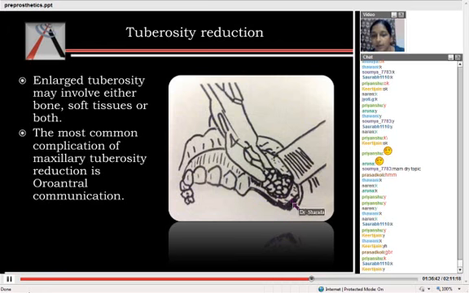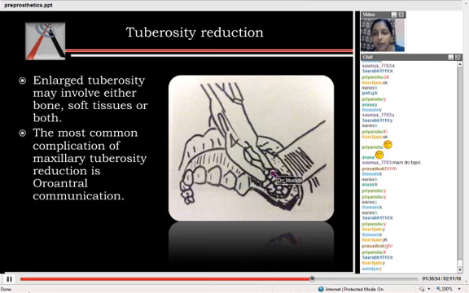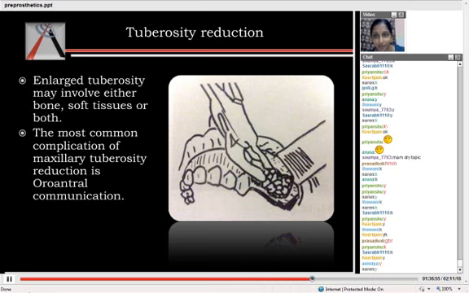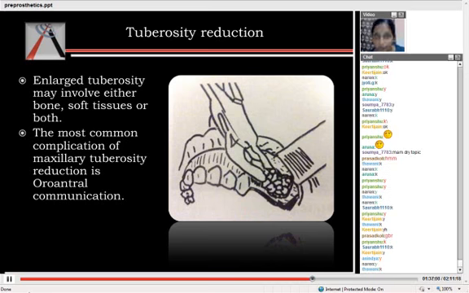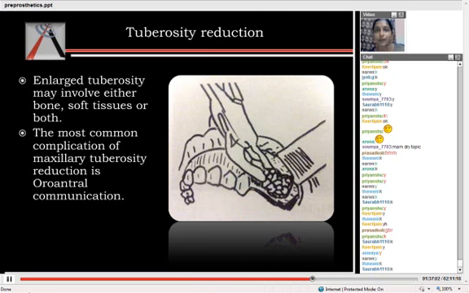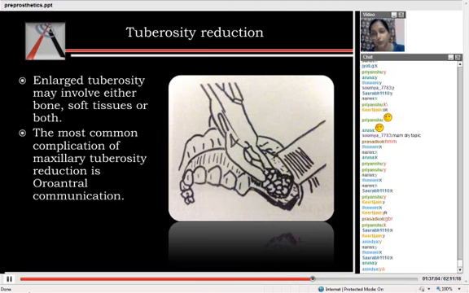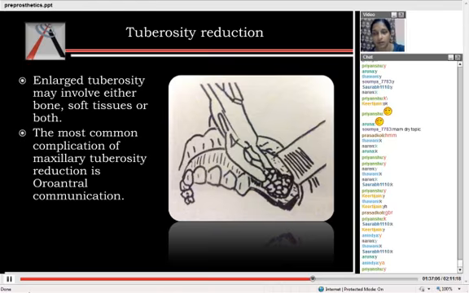Suppose you have tuberosity at the alveolar crest, you give the crestal incision. Reflect a buccal flap, reflect a palatal flap, right? And reduce the tuberosity wherever needed. Got it? If it is a soft tissue, you just have to excise the soft tissue portion of it and give a suture.